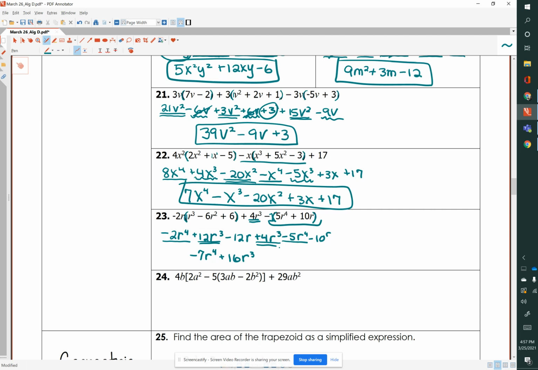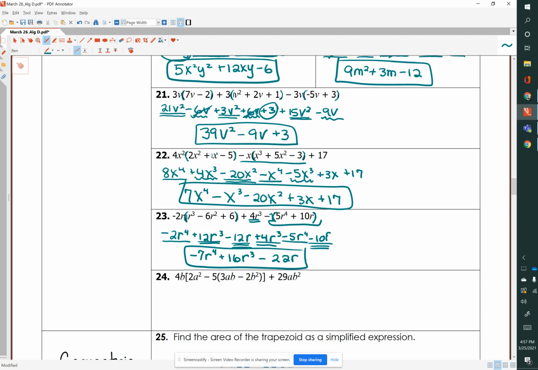We don't have any r to the second power terms, but we do have negative 12r minus 10r. Negative 12 minus 10 is negative 22r, and that's our final answer.